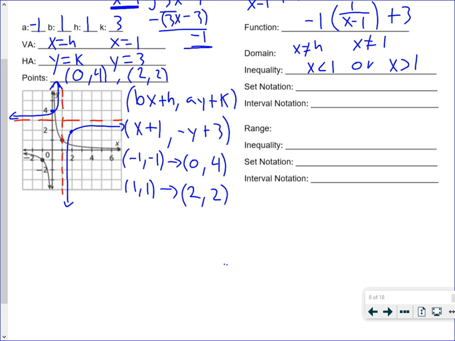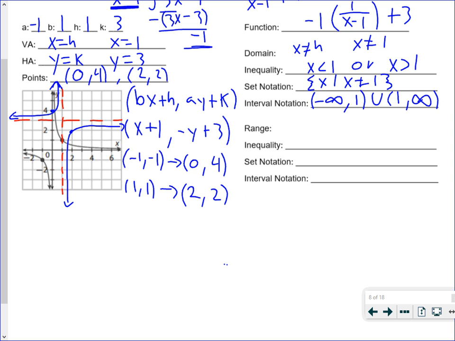Our set notation will be every x value such that x does not equal 1. And our interval notation will be -infinity up to 1, union 1 to positive infinity. And the reason why we use parentheses for interval notation is because x can never equal -infinity, positive infinity, or 1.